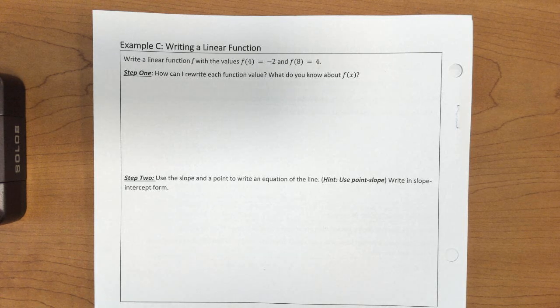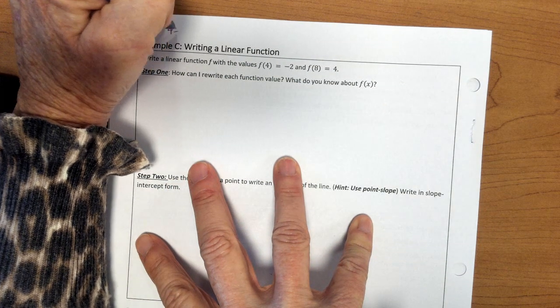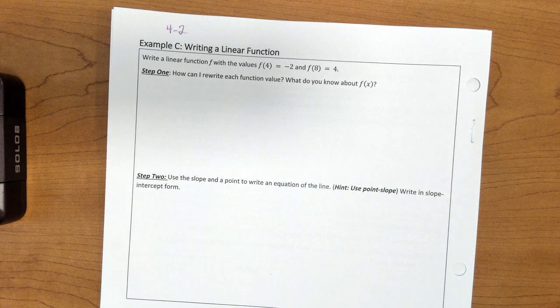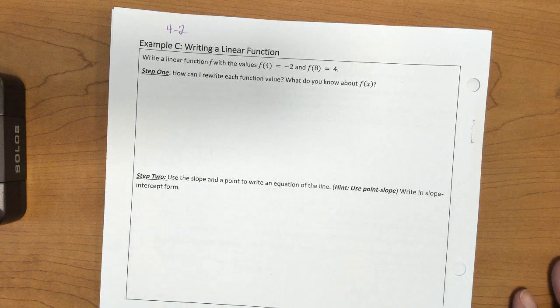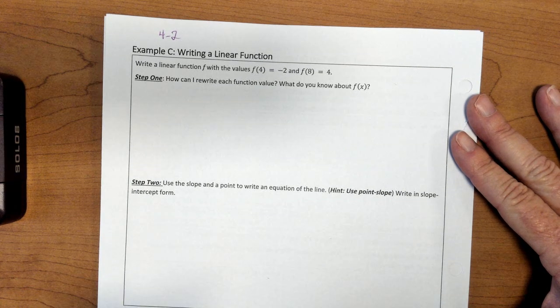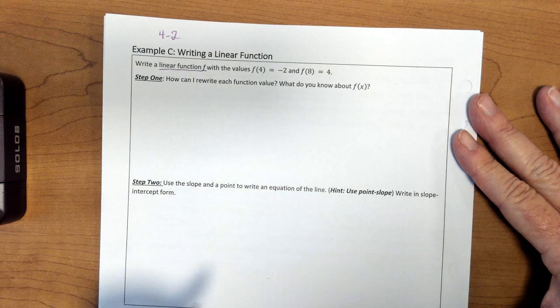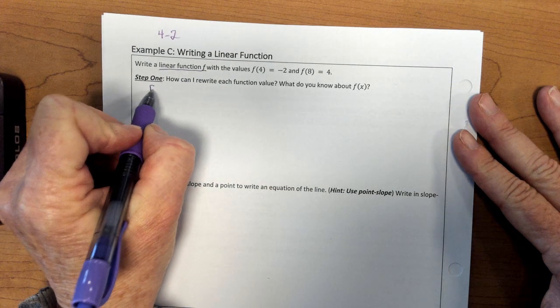This lesson that I'm going to be reviewing on the video has to do with example C in lesson 4-2. And the reason why I want to do this example is because I want to make sure that we understand and remember that when I'm talking about a linear function, I'm talking about f of x.